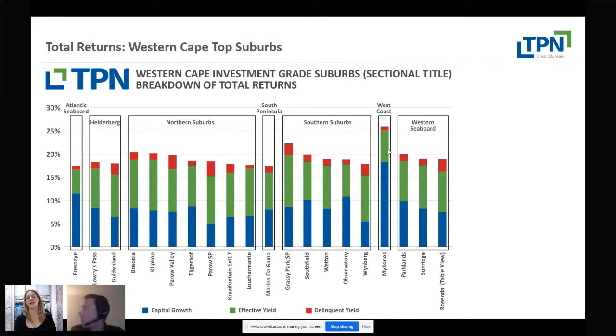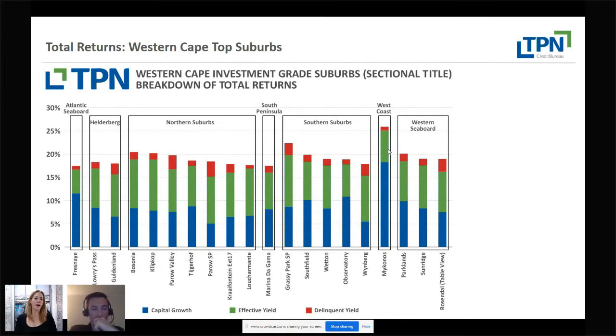Then in 2019, you see the numbers drop back down. It's a small area, so one complex can have a significant effect on the behavior of that area. So we look at the data and try to strip those anomalies out.